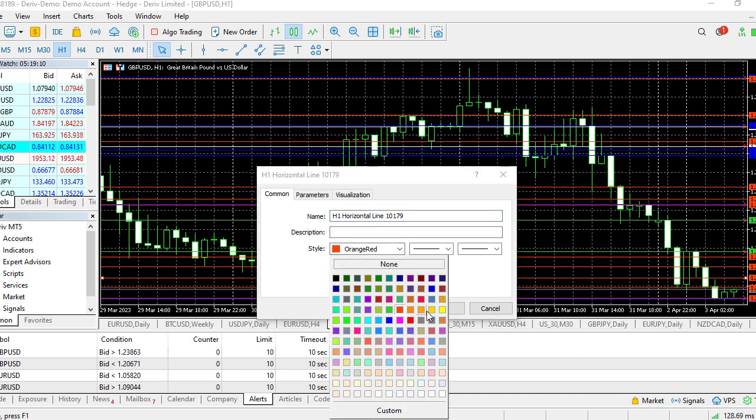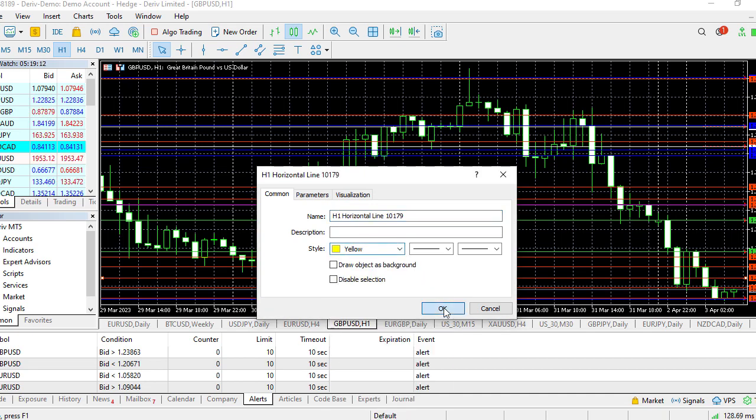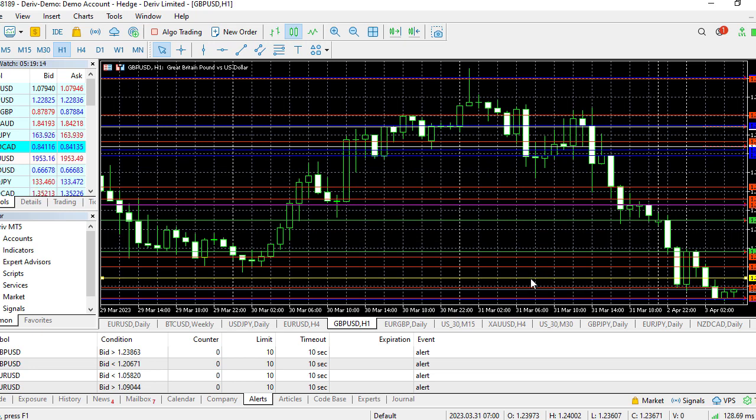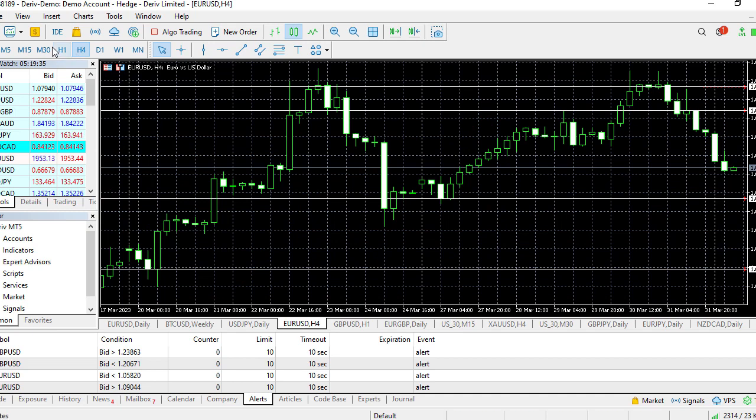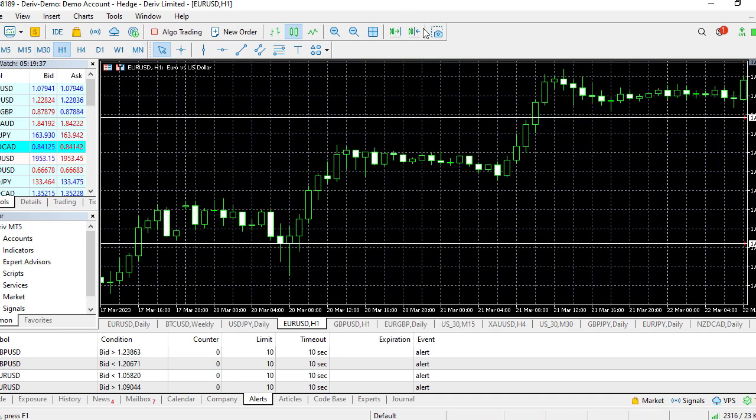It just gives me an idea while looking at the chart of where the open price of the day is. So at every point in time, when I look at that chart, I know that the current market price is above or less than the open price of the day, especially when I'm looking at it in lower time frames. So do the same thing for Euro USD.